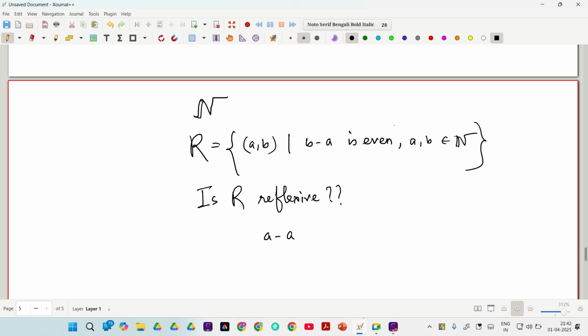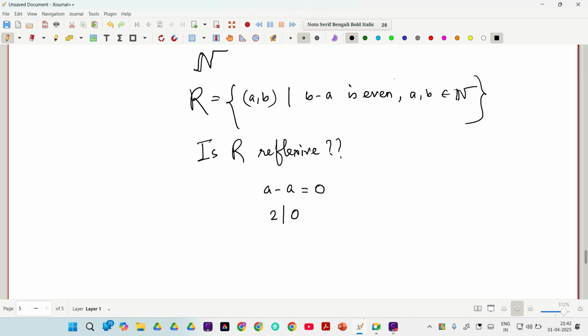What is a minus a? This is 0, and 2 divides 0, right? So R is reflexive.